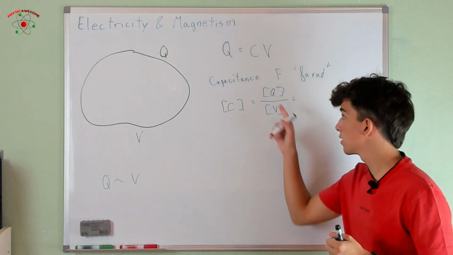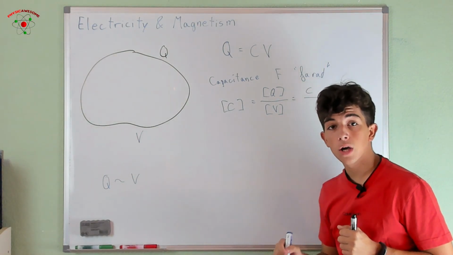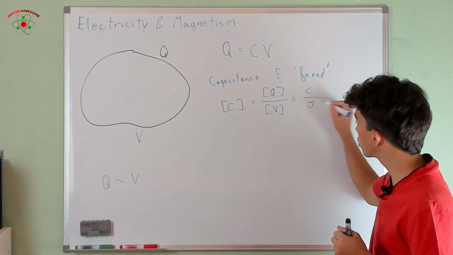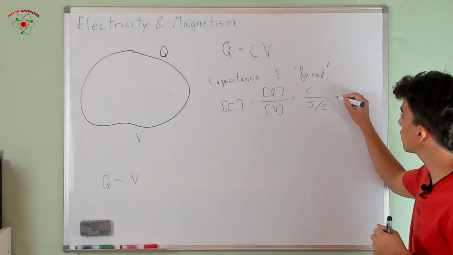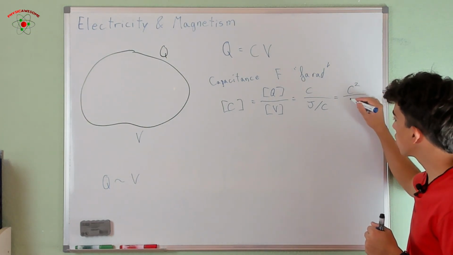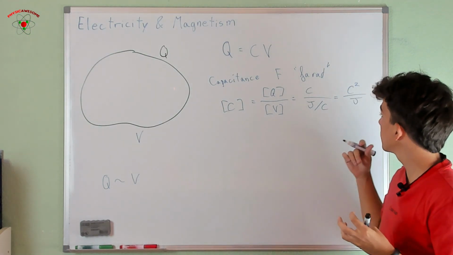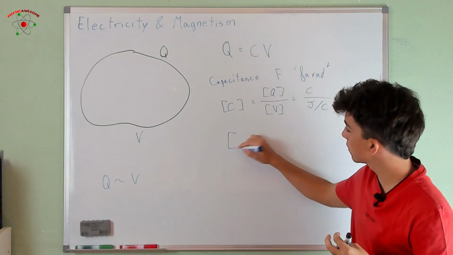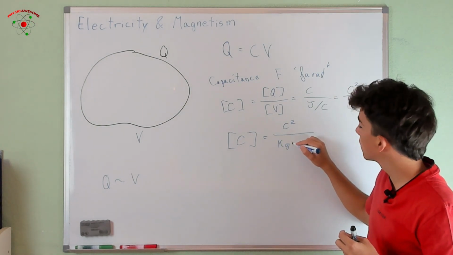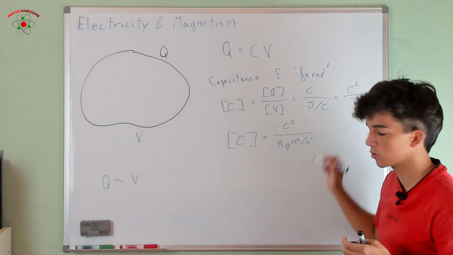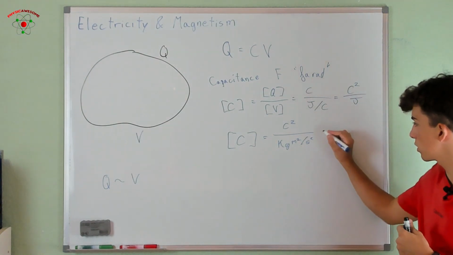If you remember correctly, Q has the units of coulombs and volts had the units of joules over coulombs. So if we simplify this further, we're going to have coulomb squared over joules. And to express it in terms of fundamental magnitudes, we're going to have that this is coulomb squared over kilograms, meters squared, seconds squared. And these are going to be the units we deal with when dealing with capacitance.